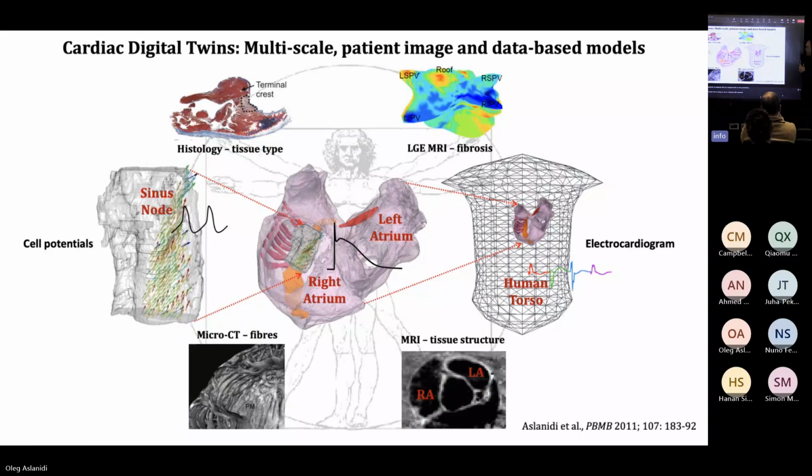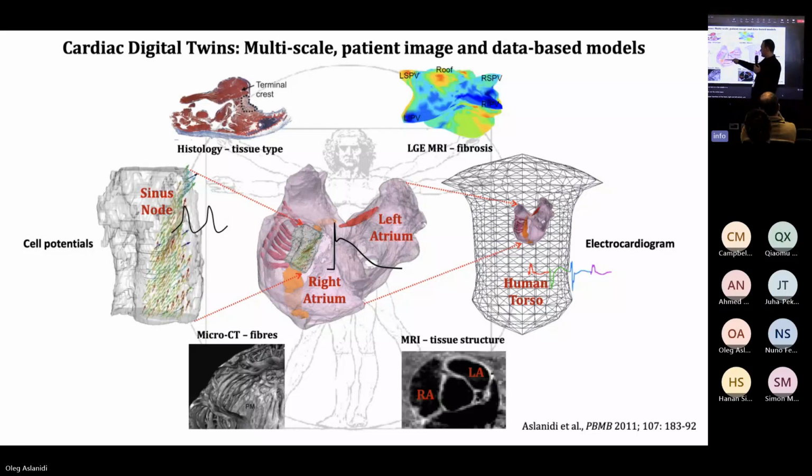As I said, I understood that digital twin means different things to different people. This is what we mean by digital twins. A digital twin, first and foremost, is a collection of data from a patient or from ex vivo experiments that we can use to reproduce what happens inside the actual heart. Here in the middle is, well, not the entire heart, but the 2 upper chambers of the heart, right and left atrium.